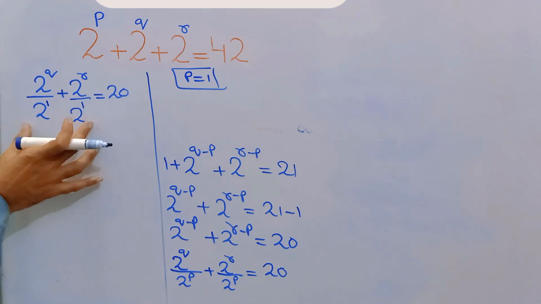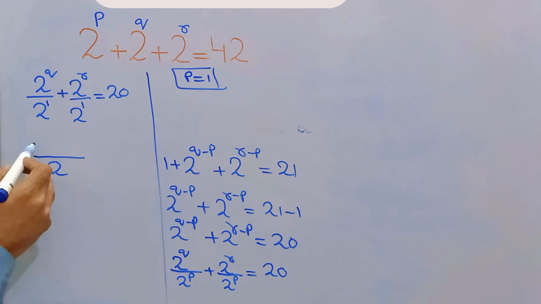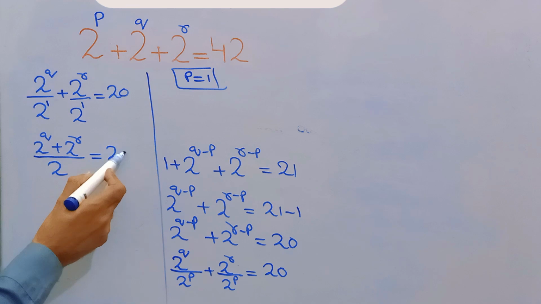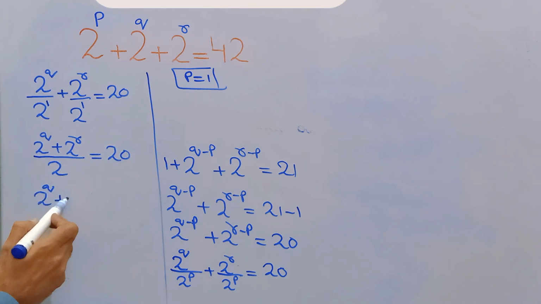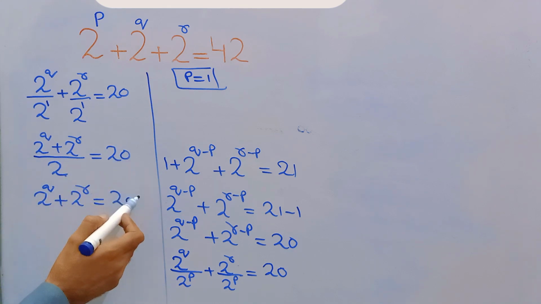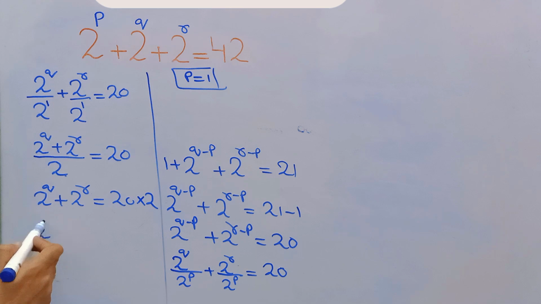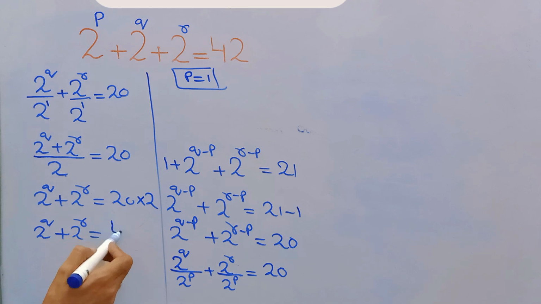The next step student, LCM, that is 2^q plus 2^r is equal to 20. The next step student, 2^q plus 2^r is equal to 20. This we will shift right side, then multiply: 2^q plus 2^r is equal to 20 multiply 2, that is 40.